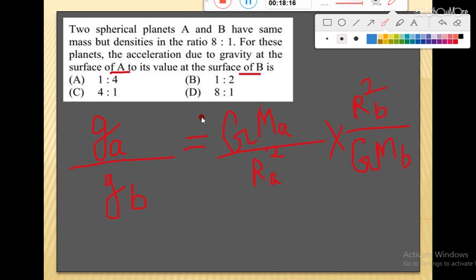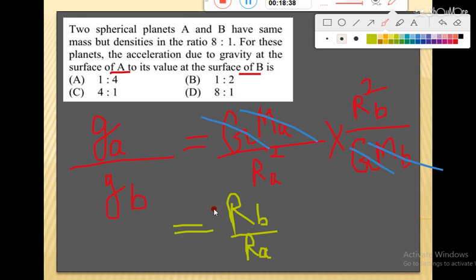Now this g will cancel out because it is constant. Mass of two bodies are same, so that will also cancel. So we are left with the acceleration due to gravity ratio ga by gb, which is equal to rb by ra whole square, or we can write it as r2 by r1 whole square.